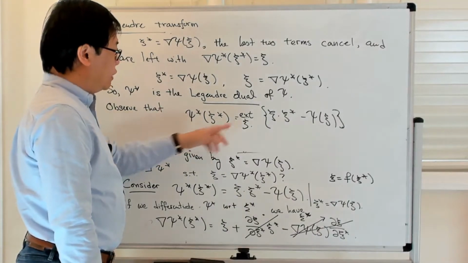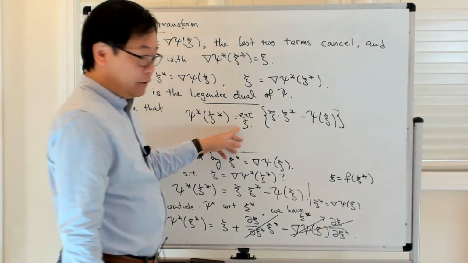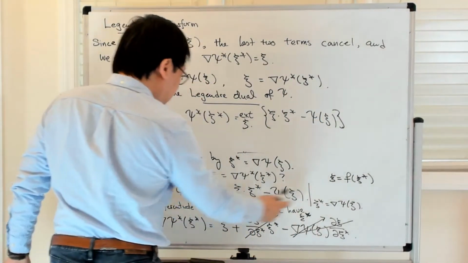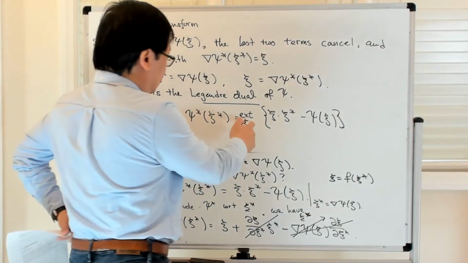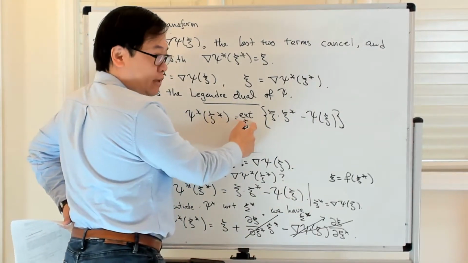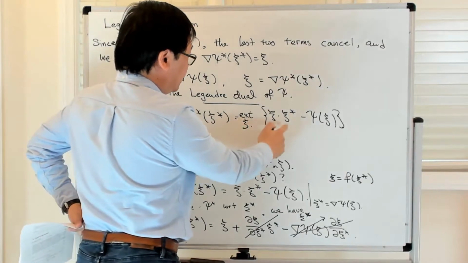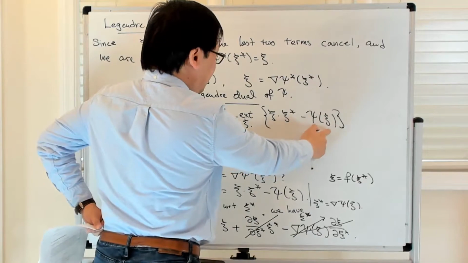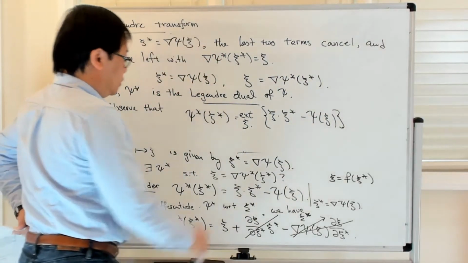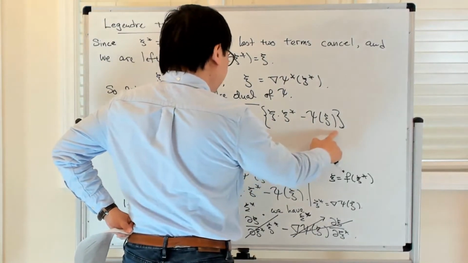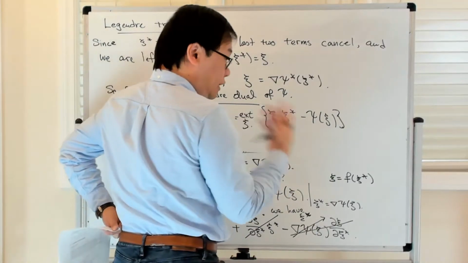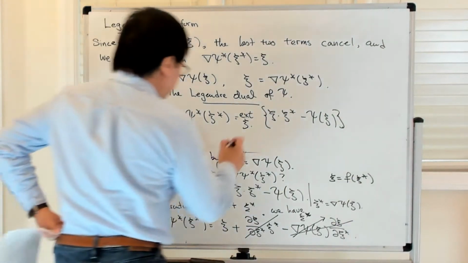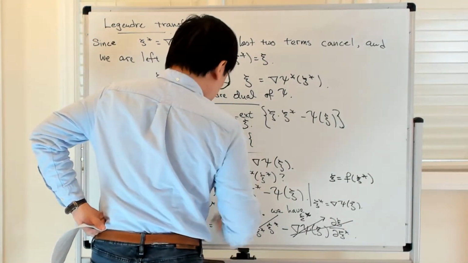So the way you get rid of the dependence on c is to extremize over it. It's easy to see that this is equivalent to the other definition, because the stationarity condition for this extremization is nothing more than c star is equal to the gradient of psi at c. If you differentiate this with respect to c and set it to 0, you get exactly this condition.